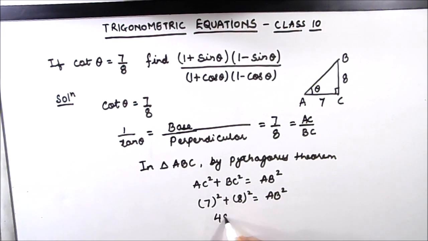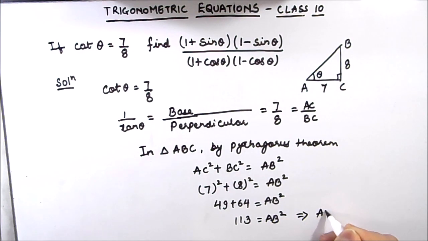This will be 49 plus 64 is equal to AB square. Now 49 plus 64 is 113. This gives us AB as root of 113. This is our AB, the length of the hypotenuse.